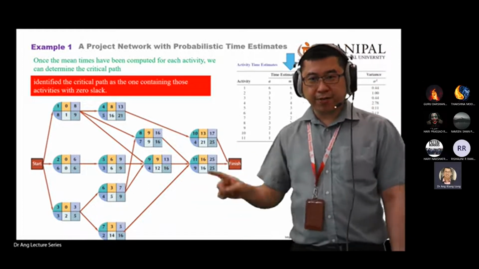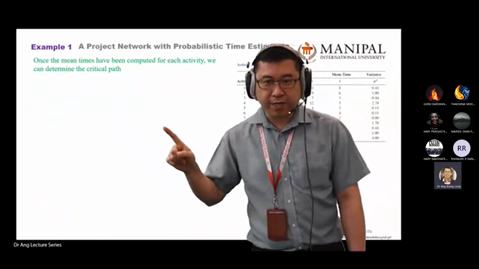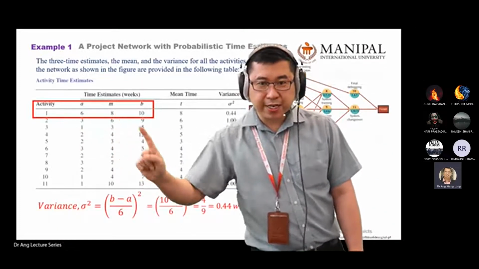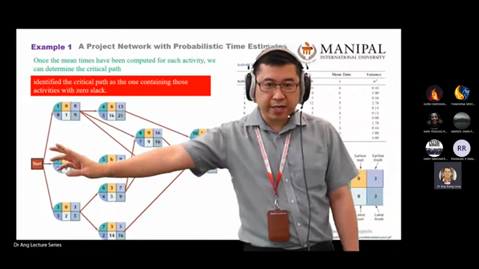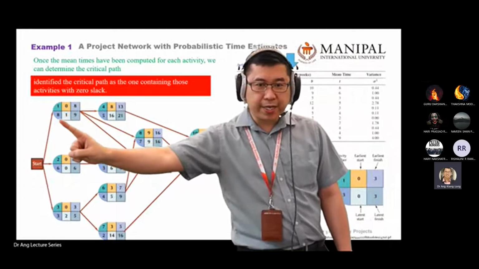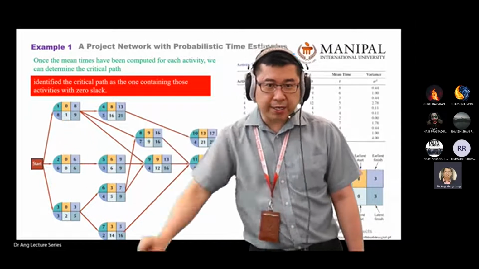For example, activity 1, the M value is 8. So how do you build the matrix for activity 1? This is activity 1. Activity 1 time is 8.